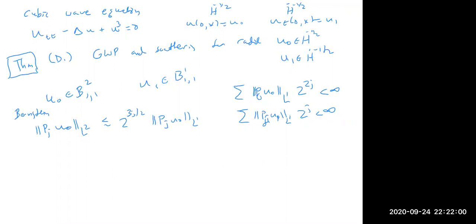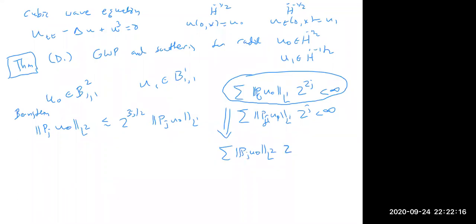But you have, right, so in other words, this estimate here would imply that the sum of ‖P_j u_0‖_{L^2} times 2^{j/2} is less than infinity.